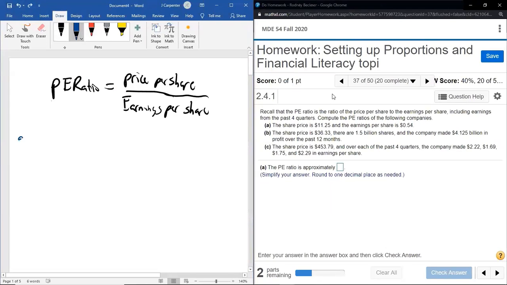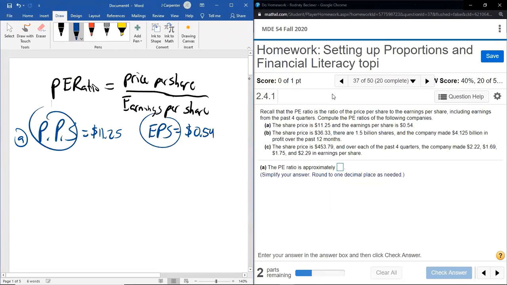So for A, we have the price per share, which I'm going to abbreviate PPS, that is the $11.25. And then we have the earnings per share, which I'll abbreviate EPS. That's 54 cents. And they want us to compute the PE ratio, which is literally just divide this thing by this thing. Price per share divided by earnings per share.